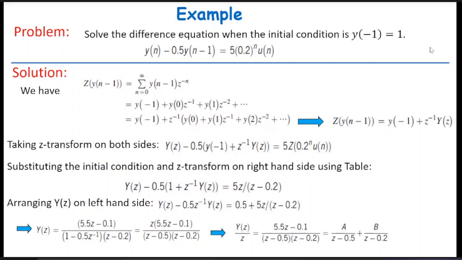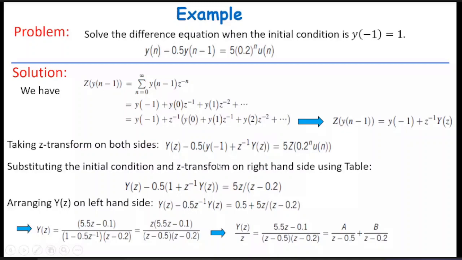It is performed like this: taking the z transform of both sides, we get Y(z), then 0.5 y(minus 1) plus 0.5 z inverse Y(z).